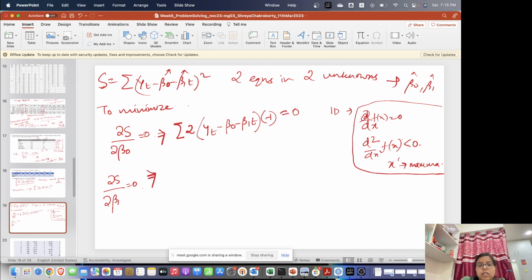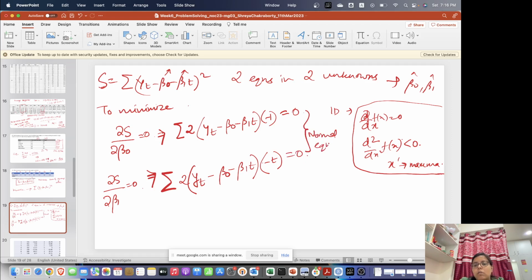Similarly, for this one, the 2 will come before, yt minus beta naught minus beta 1 t, into the coefficient of beta 1, which is minus t, by chain rule. So these two are what we call normal equations in a regression setup.